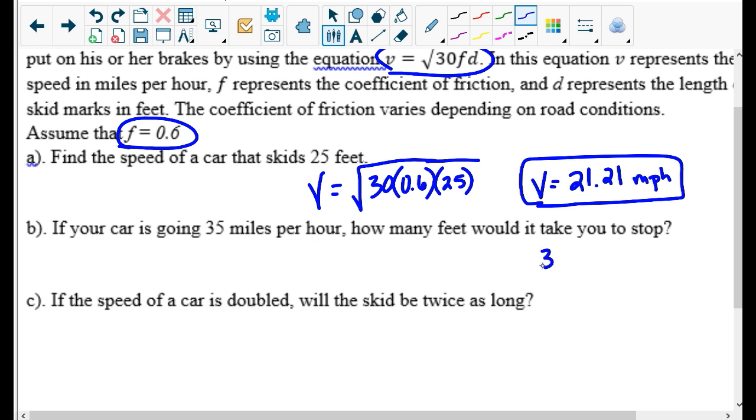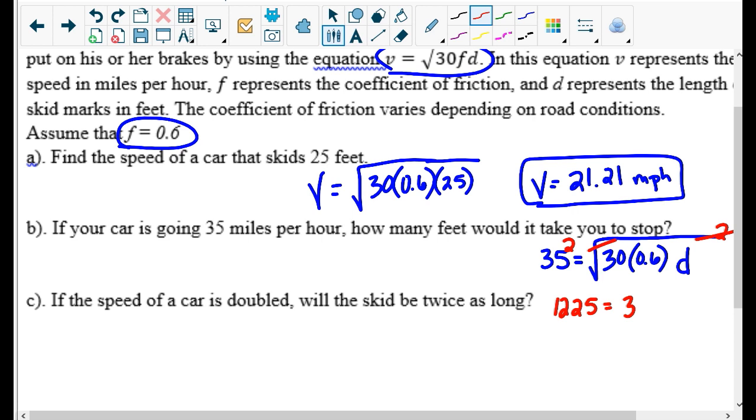Well, now my speed is 35, and that's going to equal the square root of 30 times the 0.6 for the friction still, times D, and I want to calculate that D. Okay. So to get rid of the square root, I'm going to square both sides. So the square and the square root cancel each other out. So 35 squared gives me 1225.